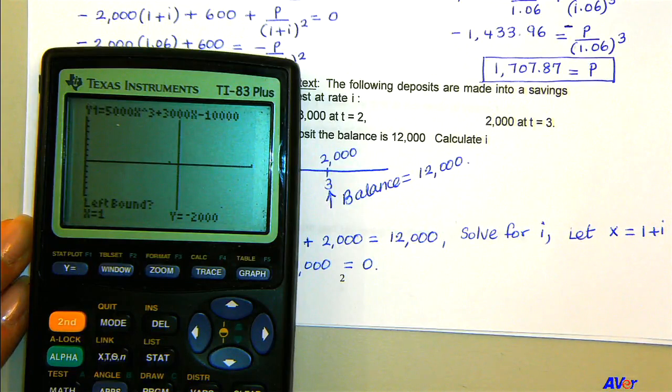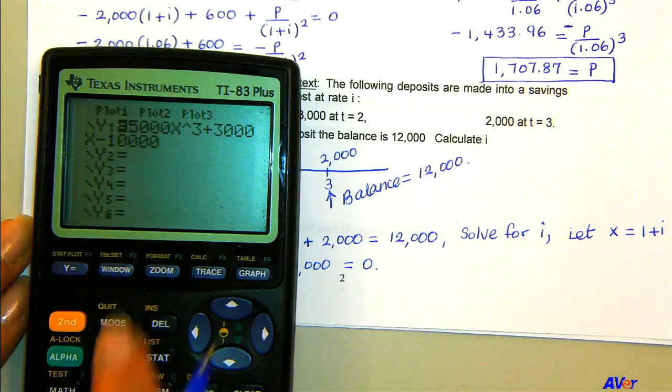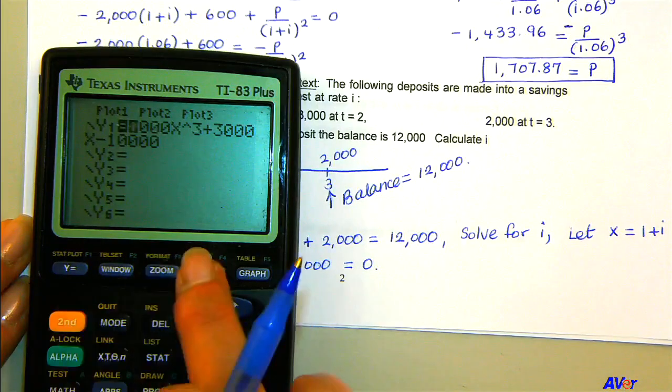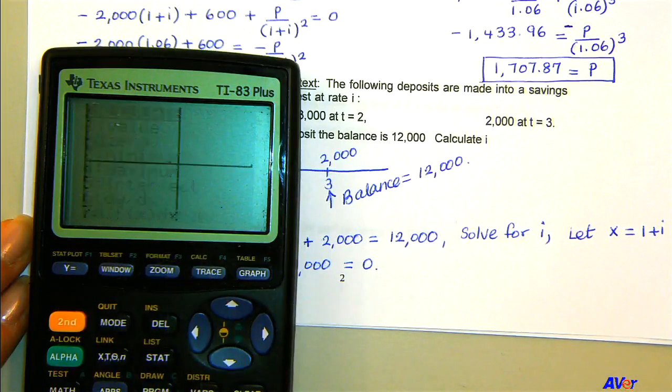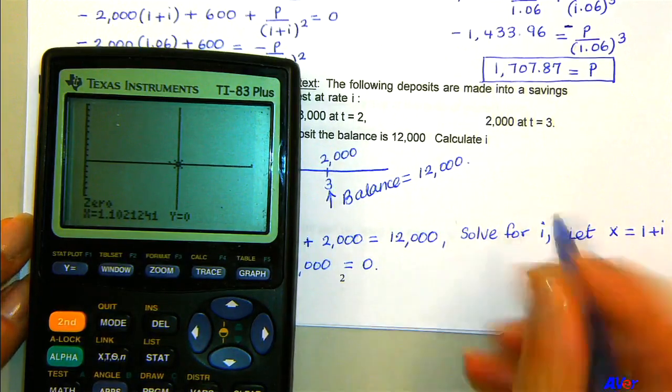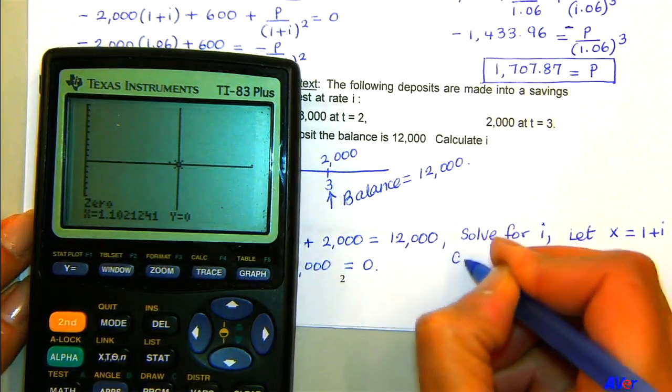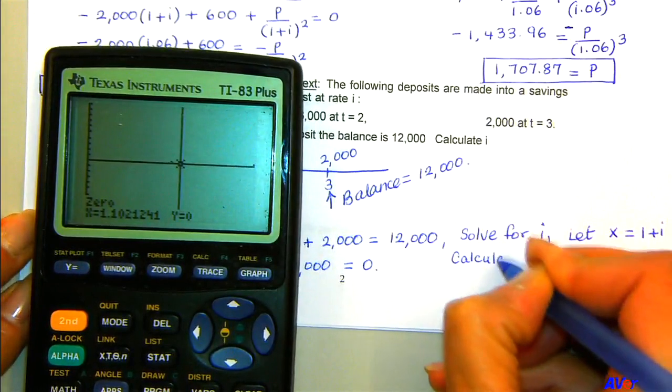Did I choose it? Yeah, it's chosen. Okay, second, calculate 0. Left bound 1, right bound 2, guess 2, that's okay. So it gives me the 0. Let me just write my steps here.